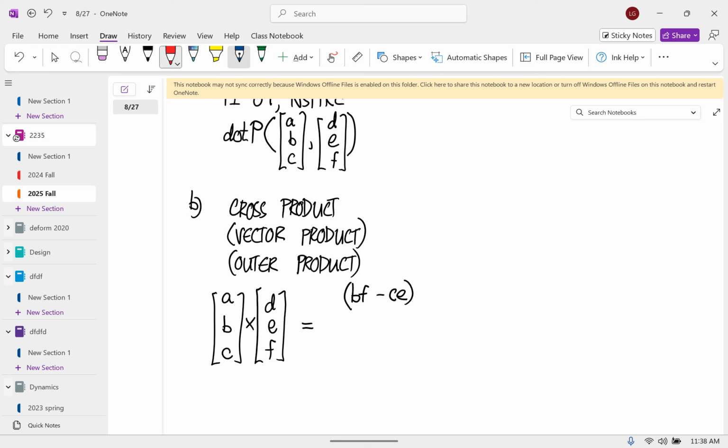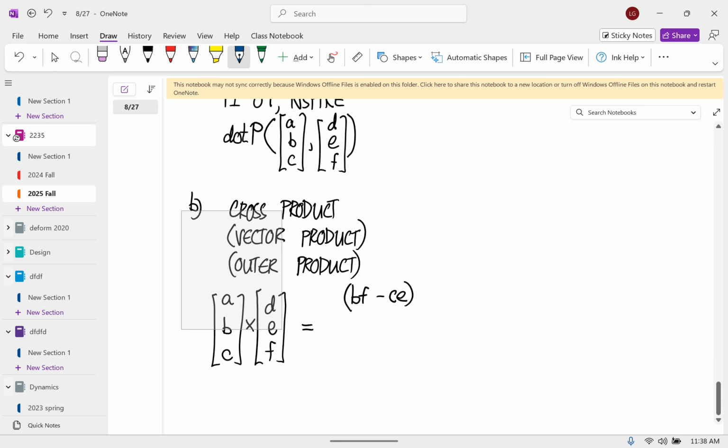Now to get the Y component of the answer, you'll cross these out. And you'll go this times this minus this times this. Oh, let me erase that first. So we'll go A times F minus C times D. And now there's one more step with the Y component.